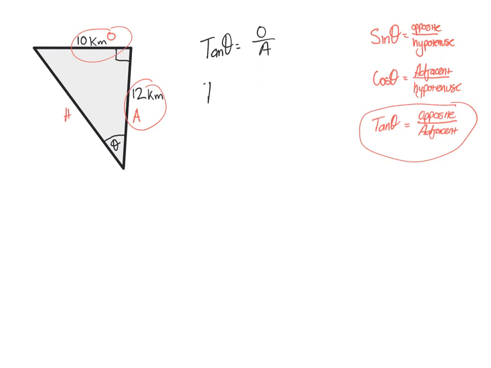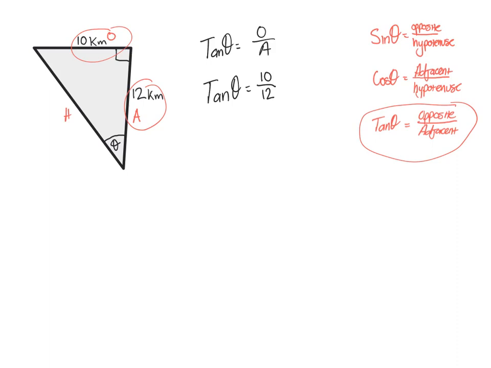Okay, so tan theta stays as theta because we don't know the angle size. We're going to find that out. On the top of the fraction, we need to put the opposite side length, so that's 10. And on the bottom of the fraction, we need to put the adjacent side length, so that's 12. We want to get theta on its own.